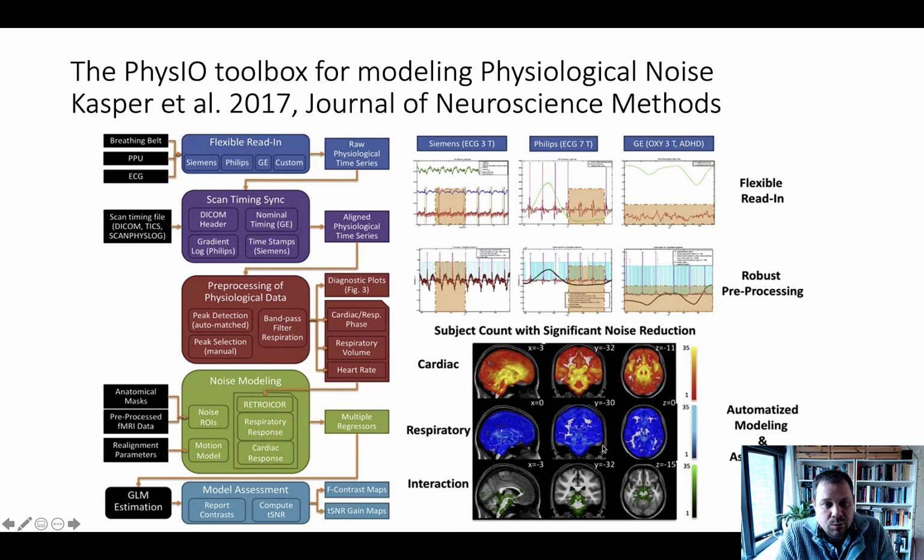So you can basically remove this noise and clean up your data in this noise modeling step here. That is part of this toolbox, but there are other toolboxes that can accomplish the same or similar tools that are available out there.